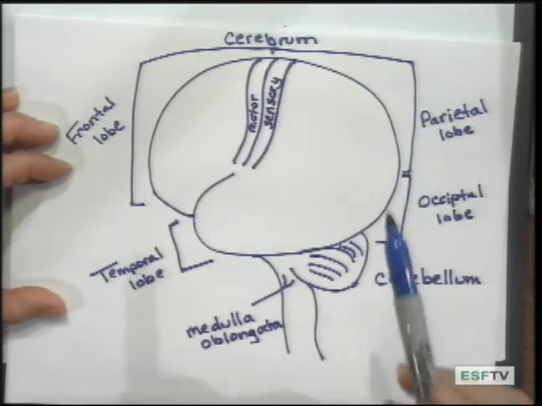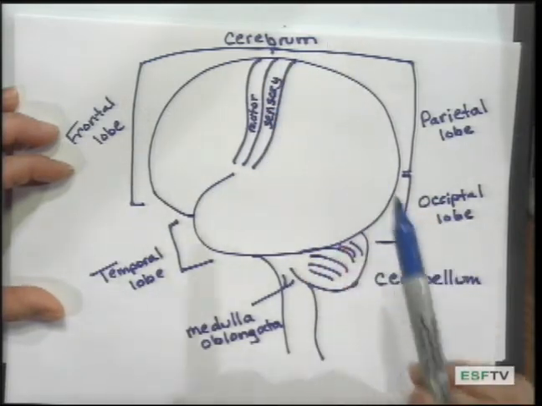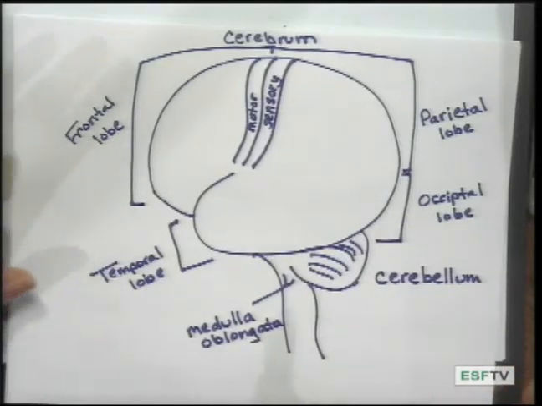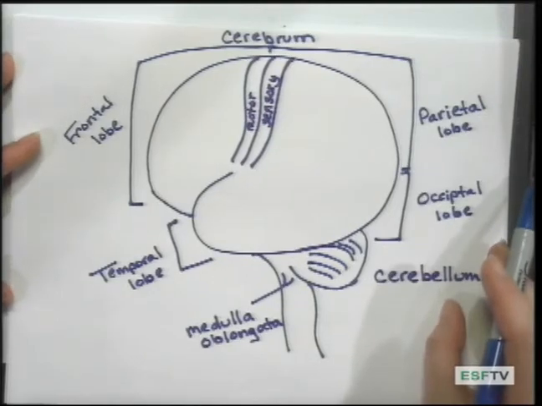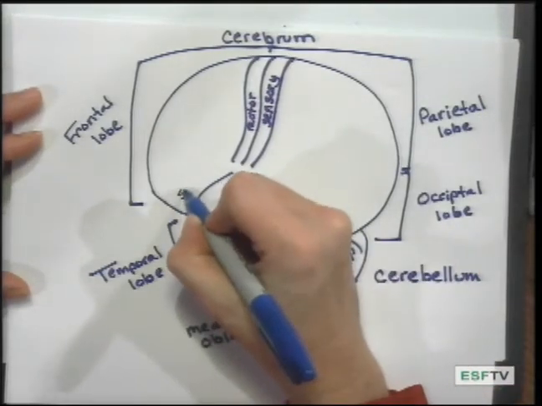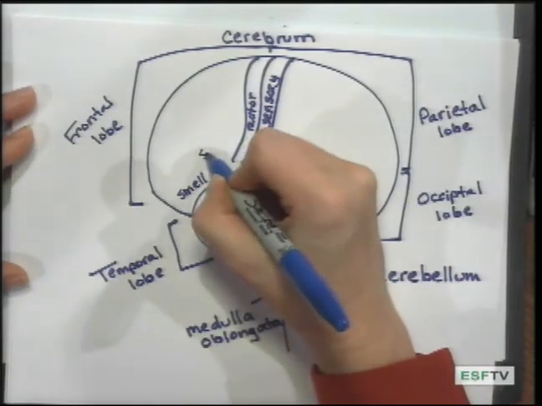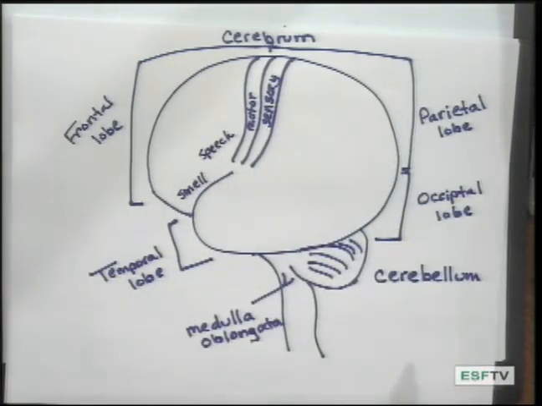So these areas are bringing in impulses from the rest of the body, and then the motor neurons are going back out to tell the rest of the body what to do based on the sensory input. Within the frontal lobe, you have an area that is concentrated on the sense of smell as well as speech. So in some of these different areas, you have interneurons that are more associated with these different sensory systems, these different inputs.